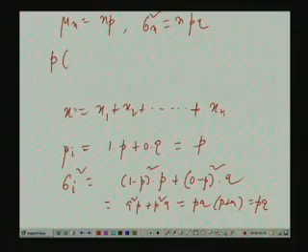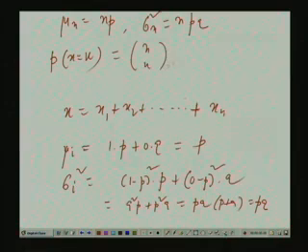So x can take, as I said earlier, values 0 or 1 or 2 up to n. So P of x equal to k, we have seen earlier, is the binomial distribution, n c k p to the power k q to the power n minus k, that is the actual definition.